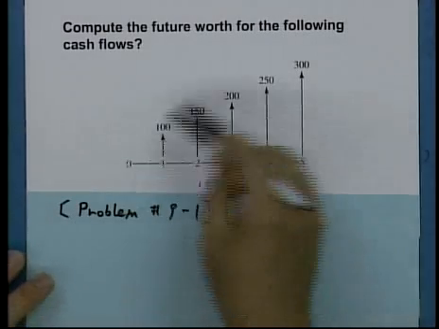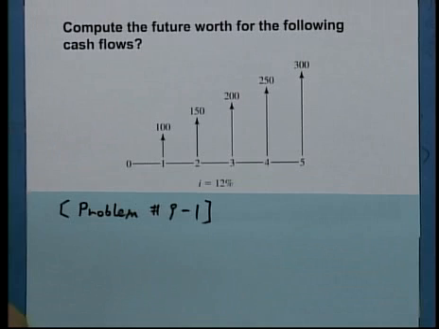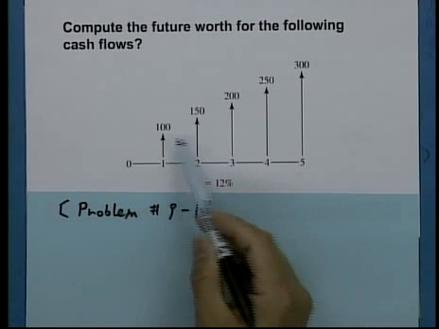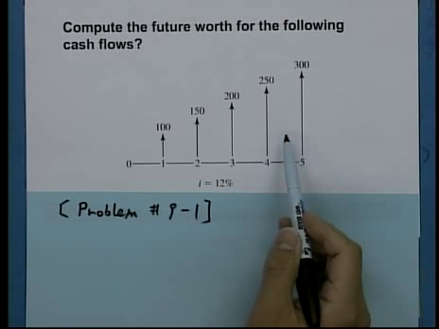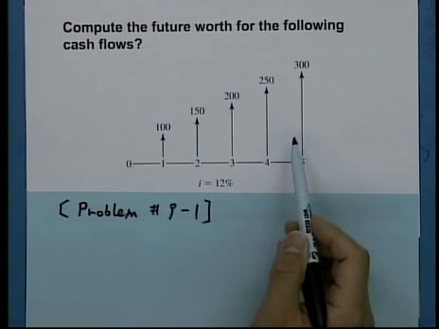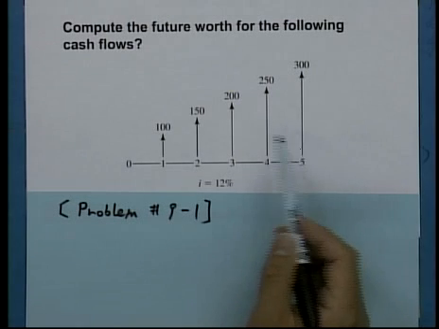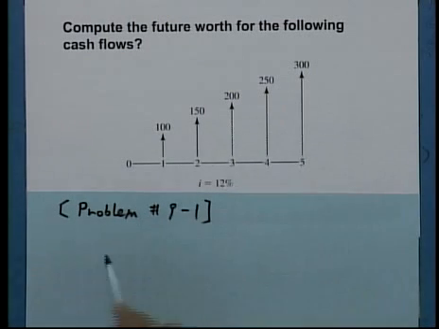So this given cash flow can be broken into 2 components: one for a uniform annual series of $100 and another for an arithmetic gradient series of G equals 50. Is that right?